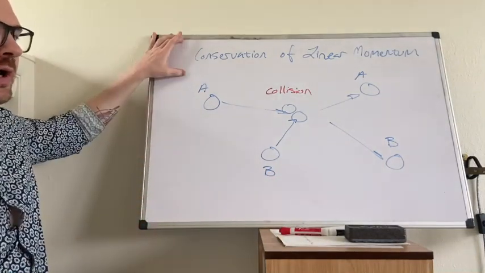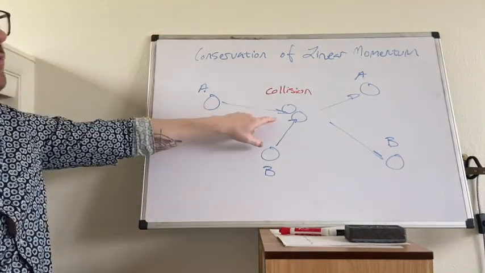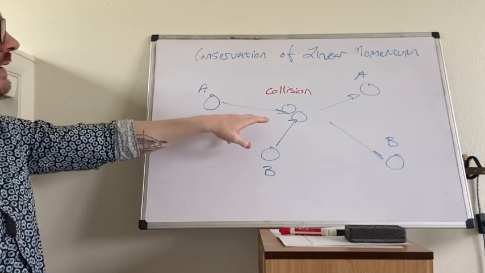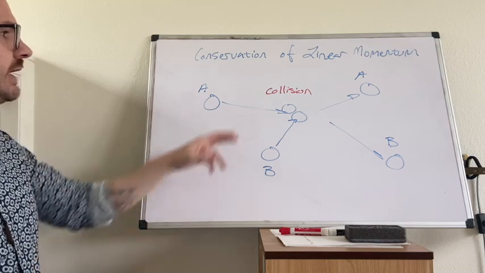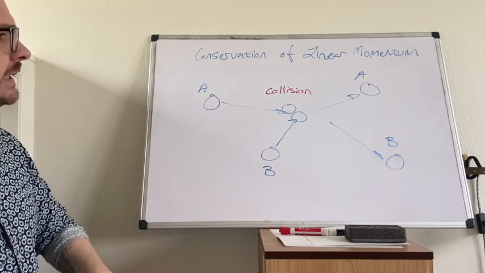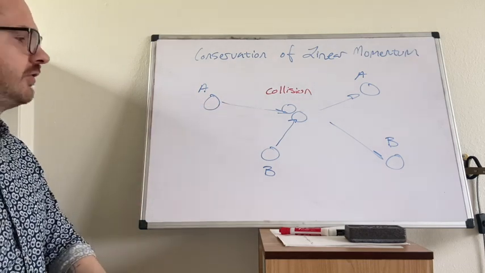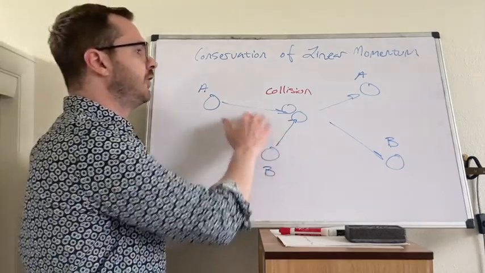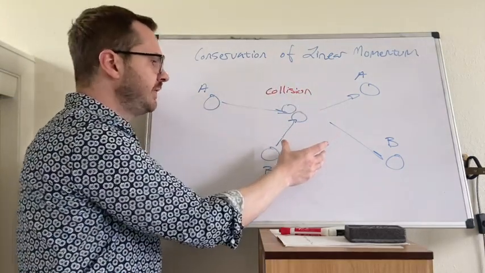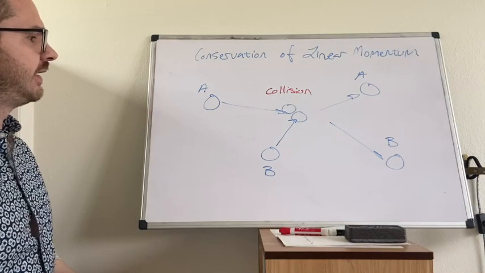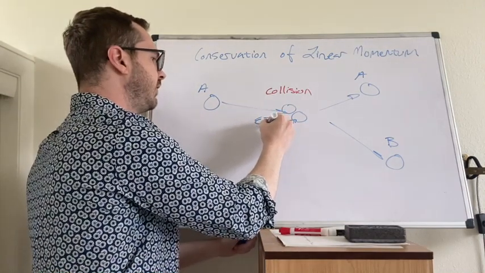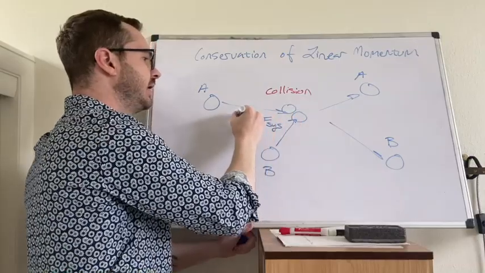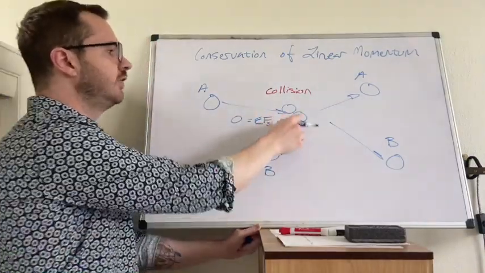We're not going to apply conservation of linear momentum to the collision itself. We're actually going to talk about how to analyze collisions using impulse momentum theory, but that's going to be close to the end of the semester. So for now, don't worry about the collision event itself. We're going to say that the sum of forces on the system is equal to 0, and that includes the collision event.